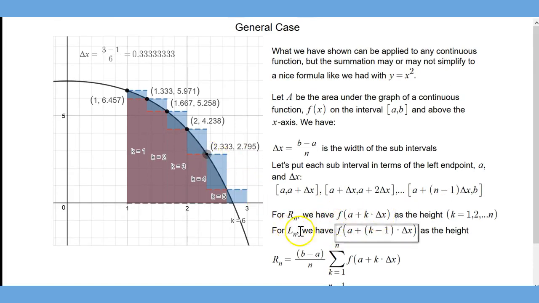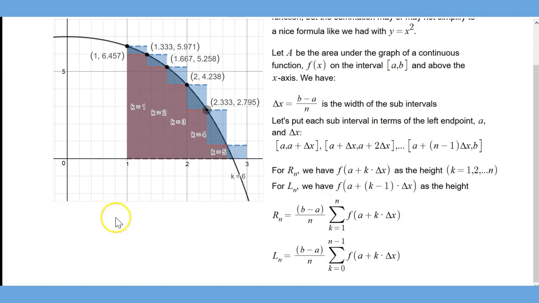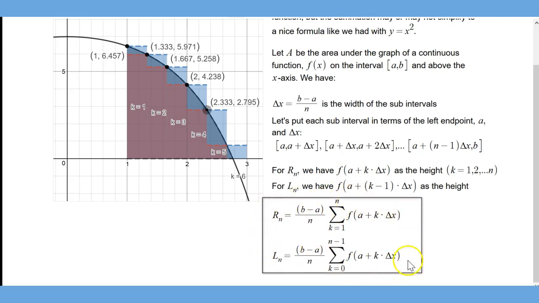And for the left one, it's going to be f of a plus k minus 1 times delta x, like we'd seen before. So we're just replacing x squared with f, and we're just generalizing here. So again, this is a generalized form of the right endpoint and left endpoint approximations.